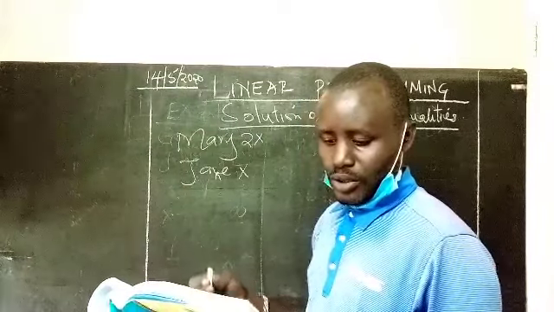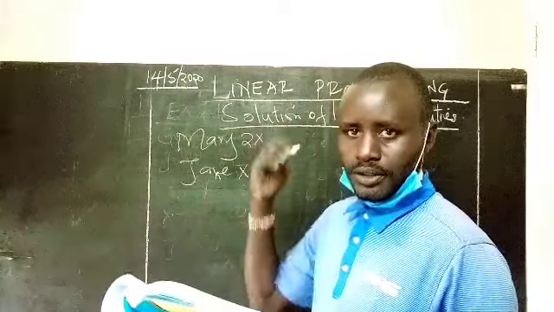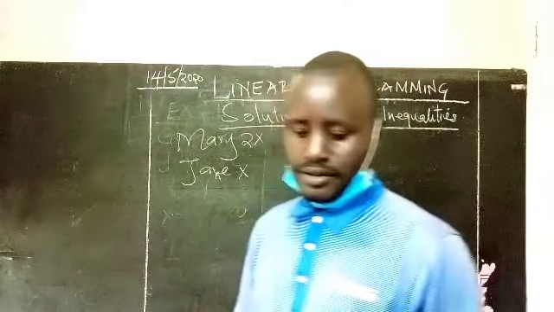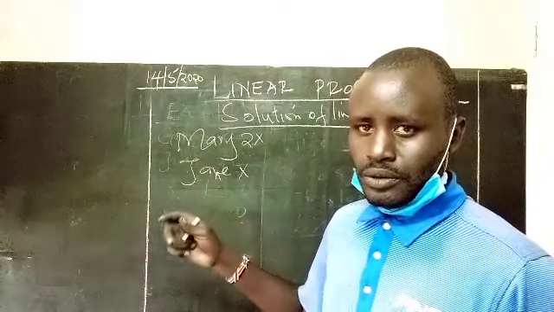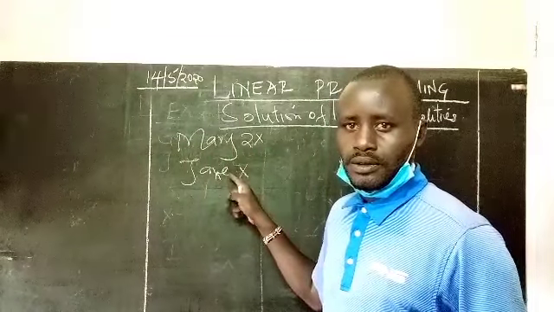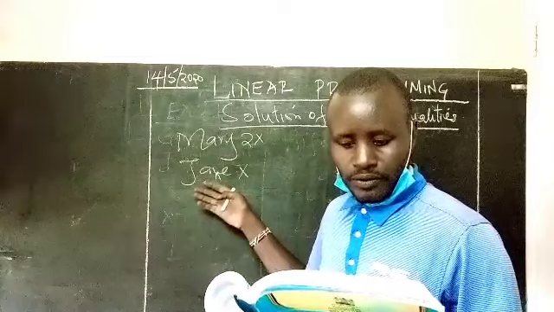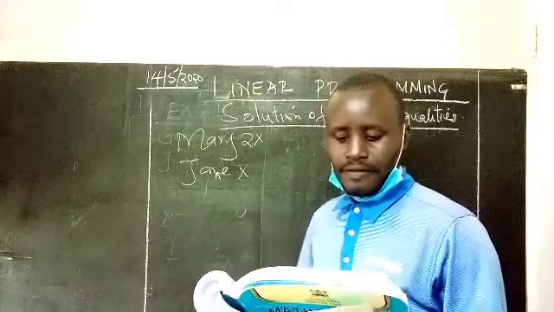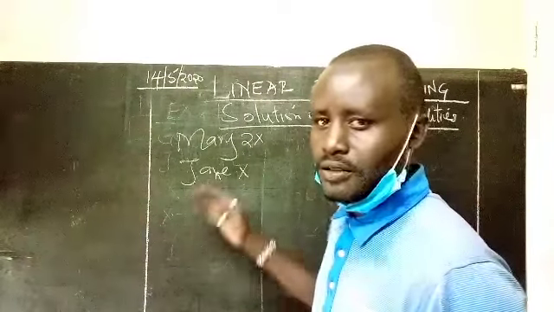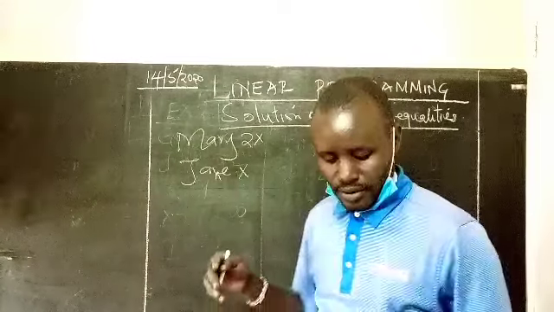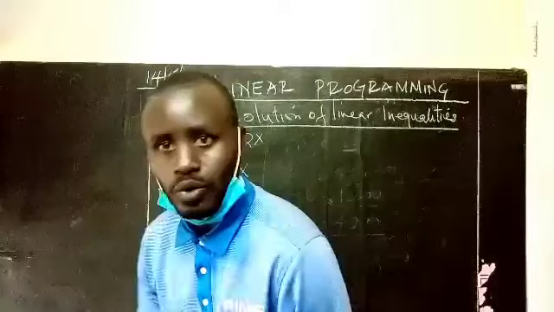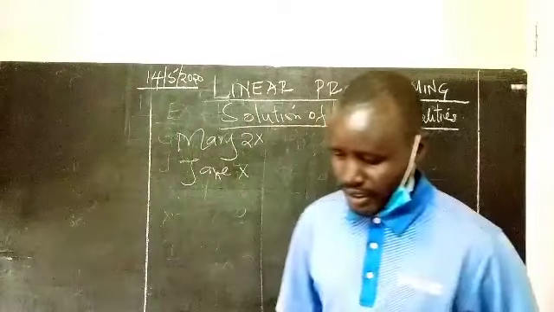Given that Jane is X years old, form all the inequalities in X to represent the information, and hence we have 2 questions here: to form all the inequalities of this question, then find the range of values of X which satisfy this inequality. So we have the two sisters, that is Mary and Jane.